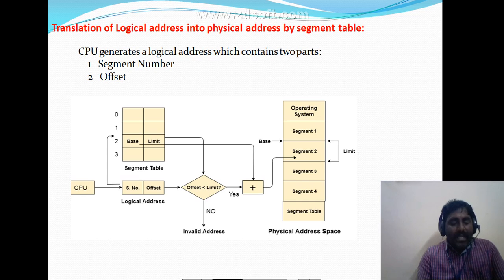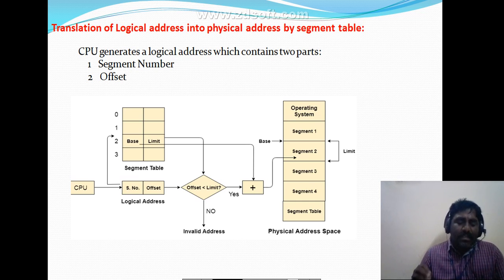So why is segmentation required? Until now we were using paging as our main memory management technique, but paging is closer to the operating system than to the user. It divides all processes into pages, regardless of the fact that a process can have related parts of a function which need to be loaded in the same page.